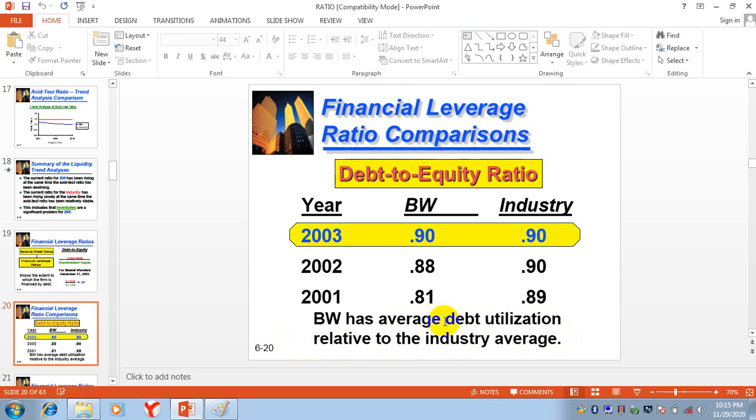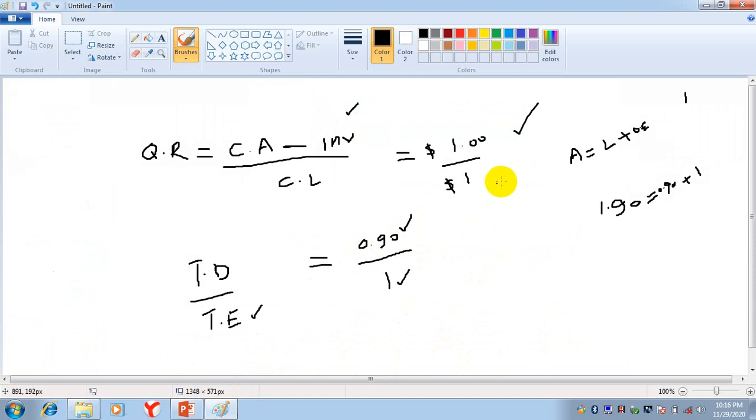It is showing that our debt utilization and industry debt utilization are the same. What does it mean? This is showing that the amount of debt financing, the amount of leverage that we are using, the industry is using the same level of leverage.